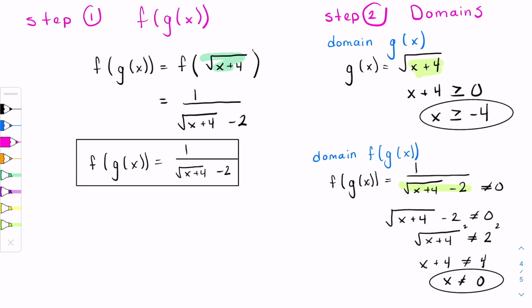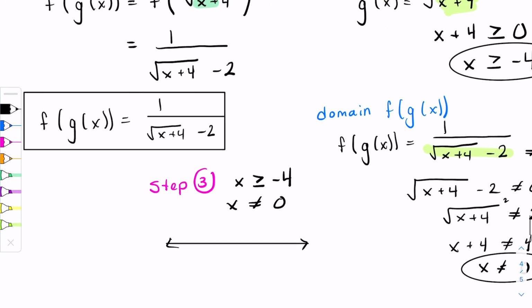All right, last step. Step 3 is to combine the two domains. The two domains tell us that x has to be greater than or equal to negative 4, but also that x cannot equal 0. Sketch a number line.